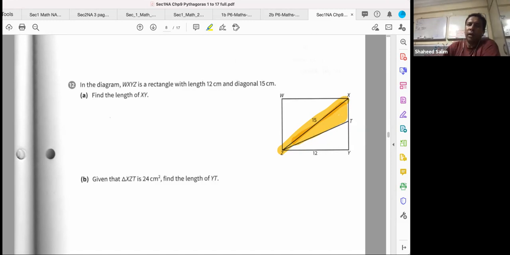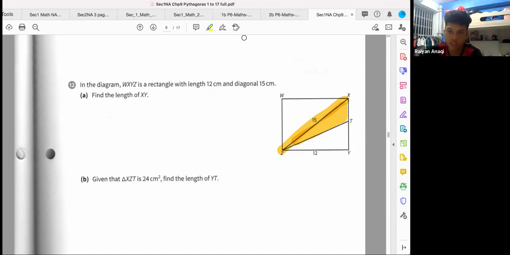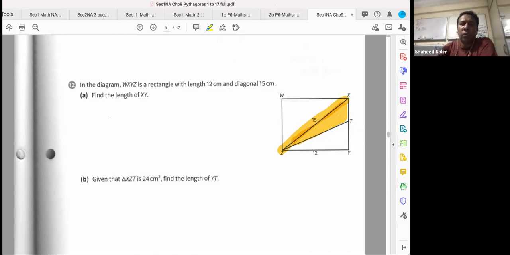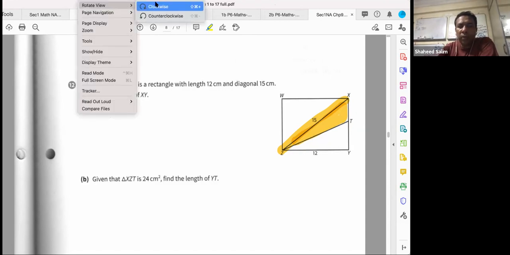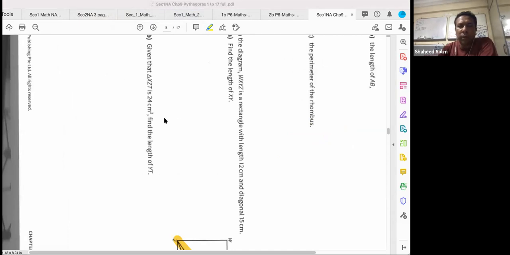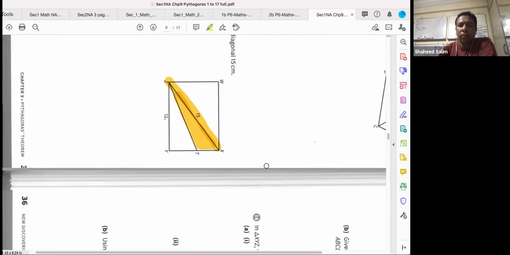So now, do you know the formula for area of triangle, right? It is half times base times height. Okay, so now I am going to rotate the view. This triangle, half times base times height, right? So what is the base?